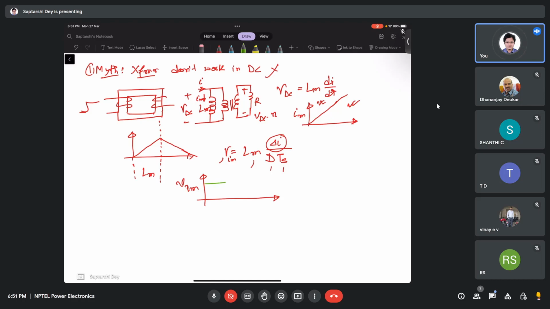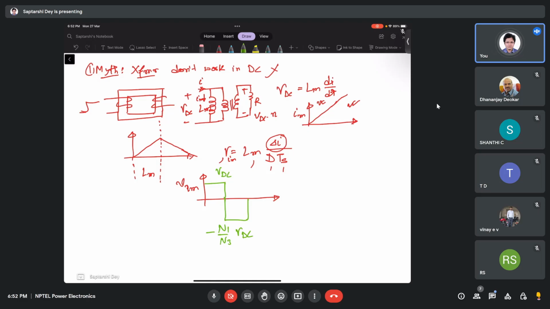When you are turning it on, it is VDC, the input voltage. When you are turning it off, it is minus of N1 by N3 times VDC.